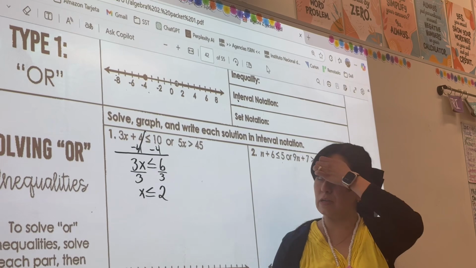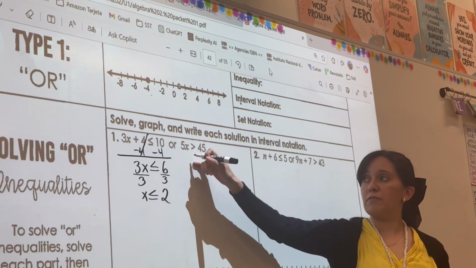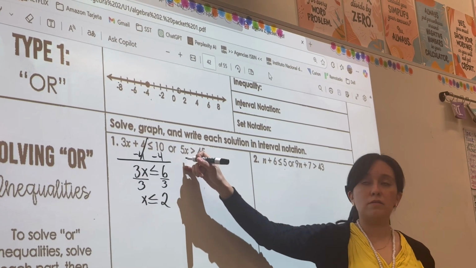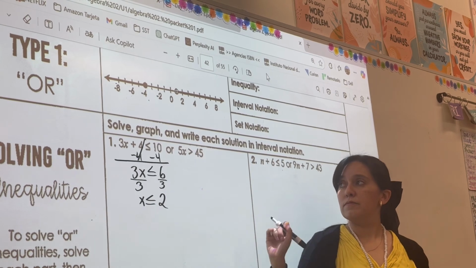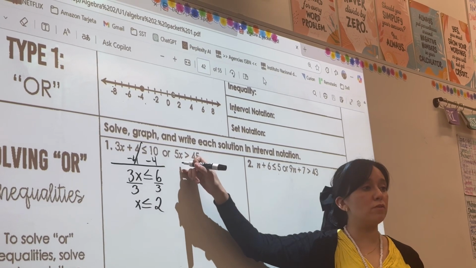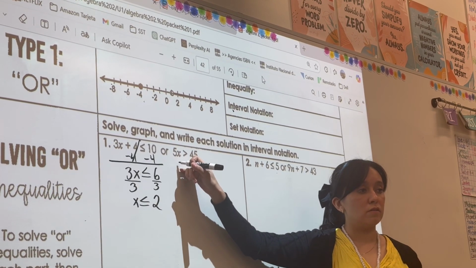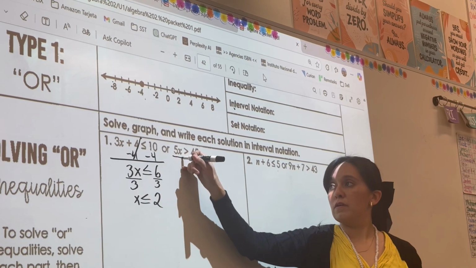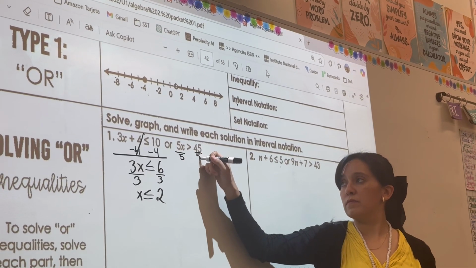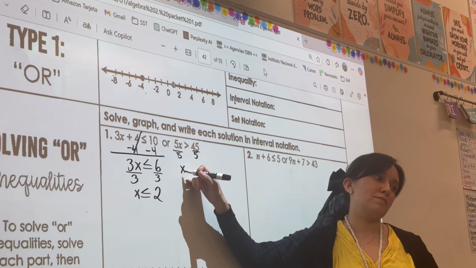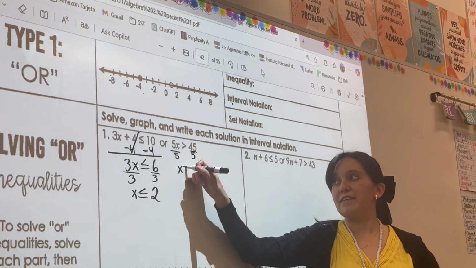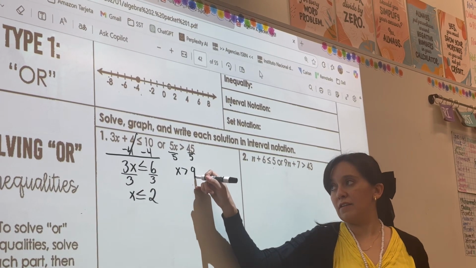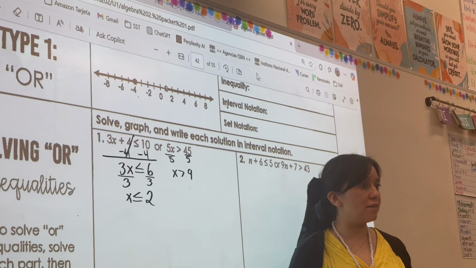For this one, tell me what to do. Divided by 5, and then x is greater than 9. You need to memorize that.